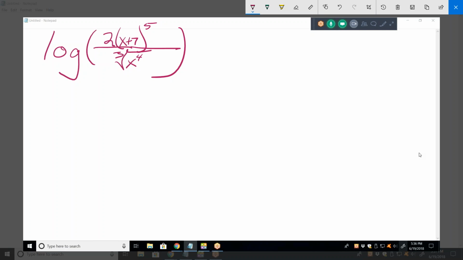By the simple stuff, I mean bringing the 5 down in front: do that last. When you are condensing, you do that first, but when you are expanding, do it last. So let's start with the fact that we have division going on. That means we have subtraction, right? So what are we going to subtract?